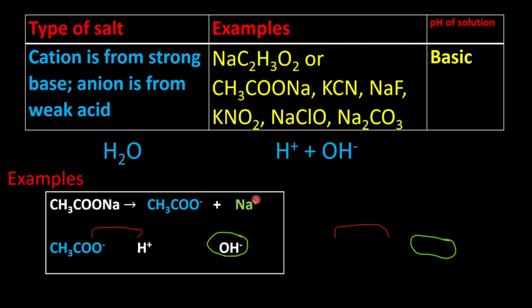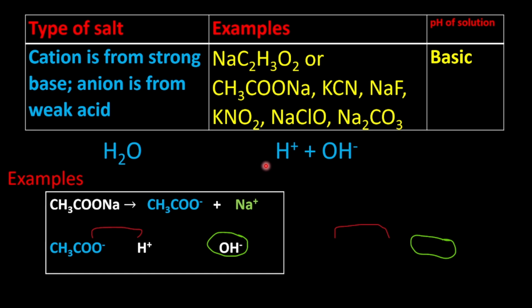Will Na+ undergo hydrolysis? We all know that the Na+ here will not undergo hydrolysis. So now the reaction is between this CH3COO- and what we have over here, that is the H+ and OH-. They want to pay this ion here a visit.